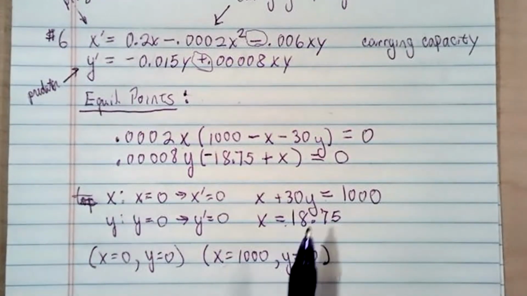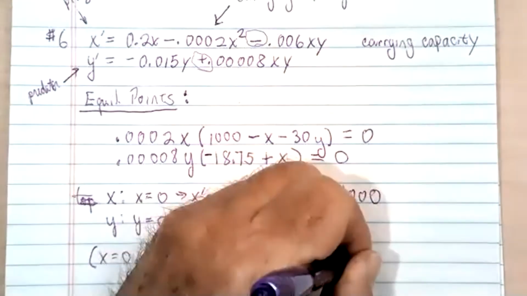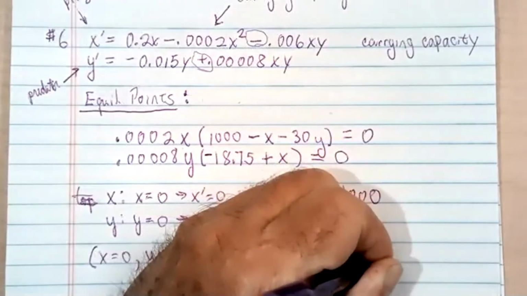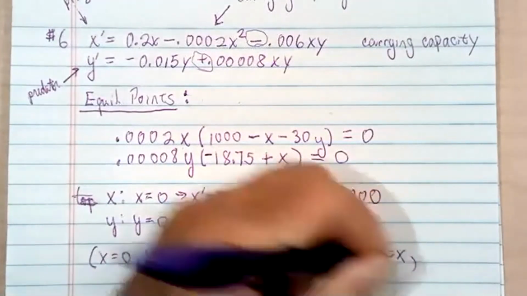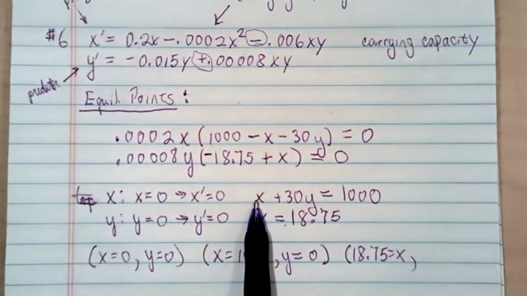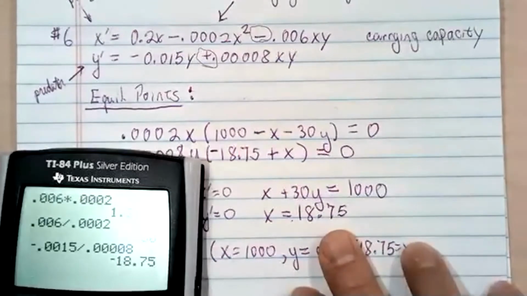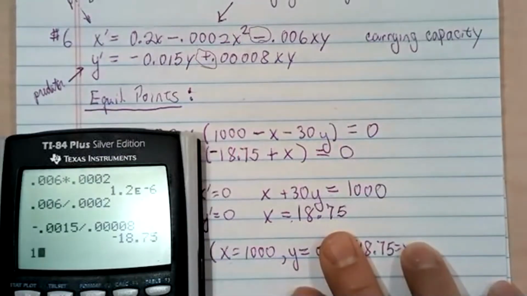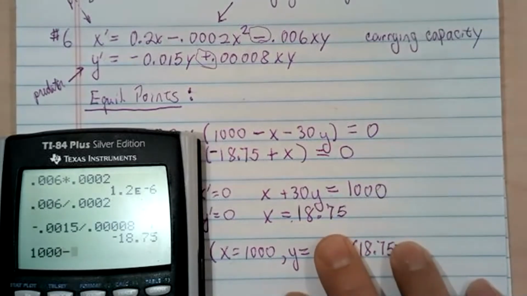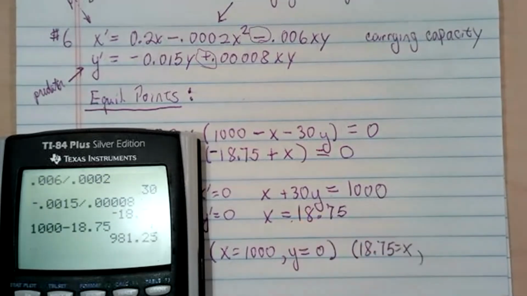All right, what else could happen? I think we've exhausted this row as a starting place. So the other possibility is we could take 18.75 for the x off the second row. If we do that, then that gives us an 18.75 here. So you just solve this linear equation. You take 1,000 and subtract the 18.75, which is the x, and then divide it by 30.